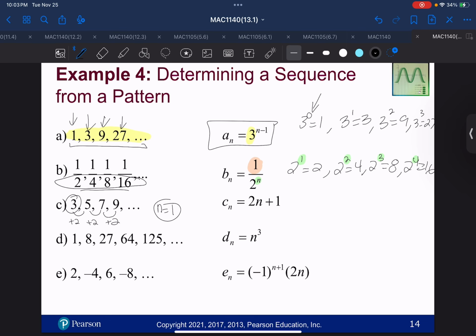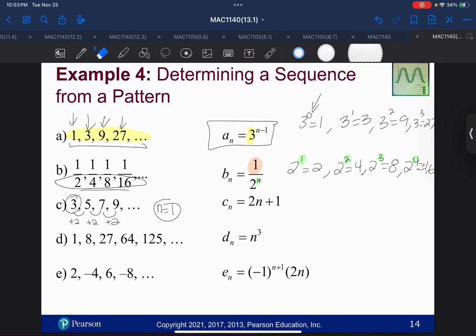So I know that 2 plus 1 is 3. And if I plug in 2, 4 plus 1 is 5. 6 plus 1 is 7. 8 plus 1 is 9. And so forth. So this isn't exactly just adding 2 to each one.